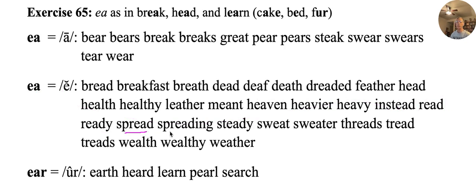Spread. He spread butter and jelly on his toast. And then you have spreading, same word but with the ing. Steady. Be steady. Don't be shaking. Be steady. Sweat. I worked so hard that I worked up a sweat.